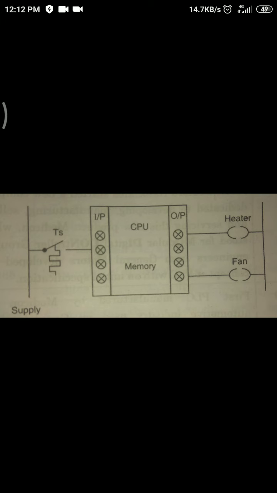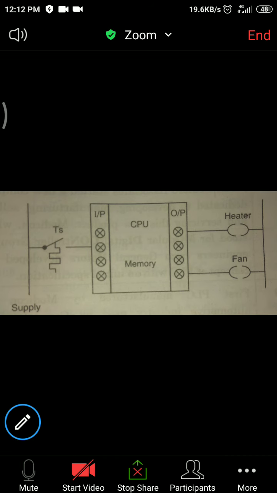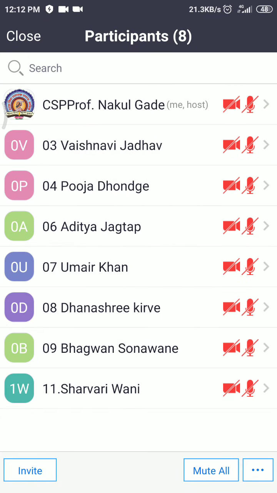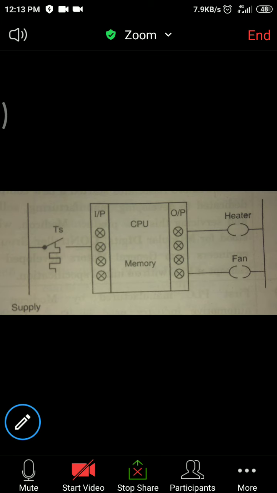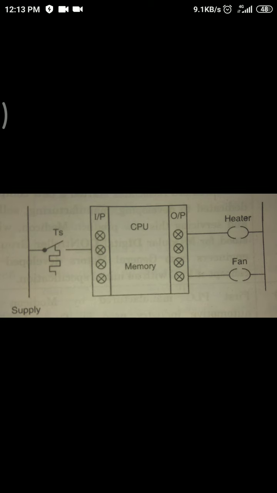That output is given to the output module, and according to the response generated, the output is changed, meaning to turn on the heater or turn off the heater, to turn on the fan or turn off the fan, in this way.